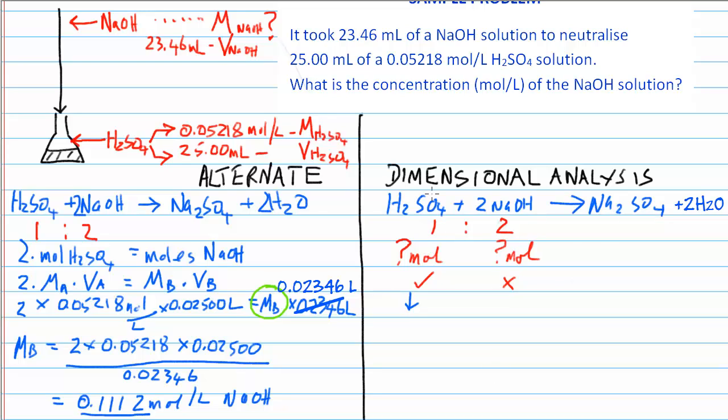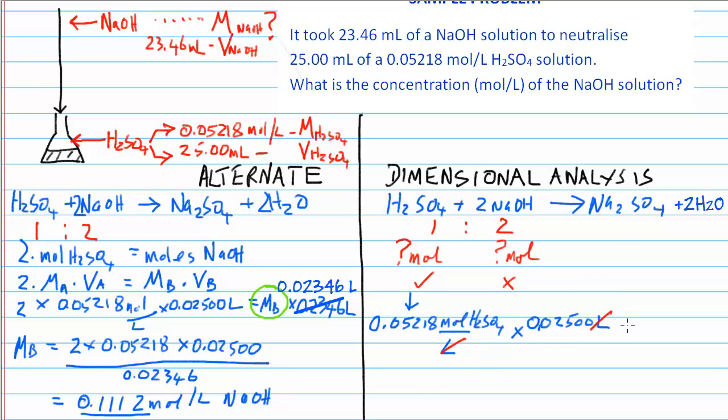So we can first convert to moles of sulfuric acid. So knowing the molarity of the sulfuric acid, 0.05218 moles per litre of sulfuric acid, if we multiply that by the volume of sulfuric acid, which is 0.02500 litres of sulfuric acid, we'll see that the litres of sulfuric acid will cancel out and leave us with moles of sulfuric acid.